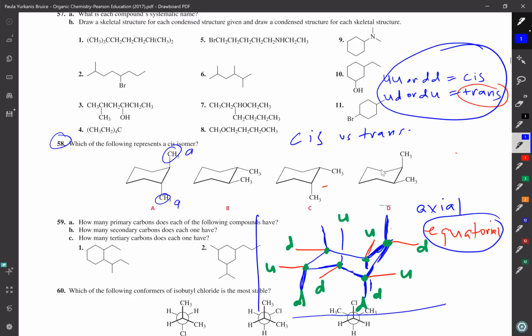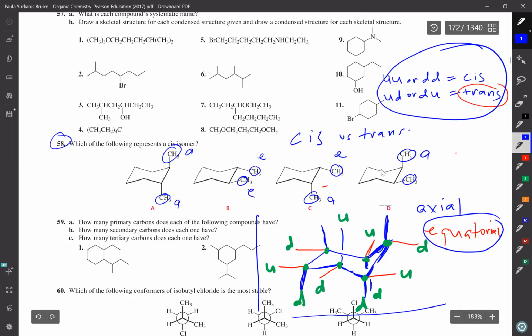In molecule B, this methyl group is equatorial. You can see it's on the red bond. And this one also is on the red bond, so it's equatorial. In C, this one is equatorial and this one is axial. In D, this one is axial and this one is equatorial.